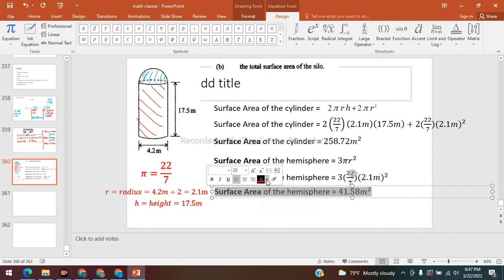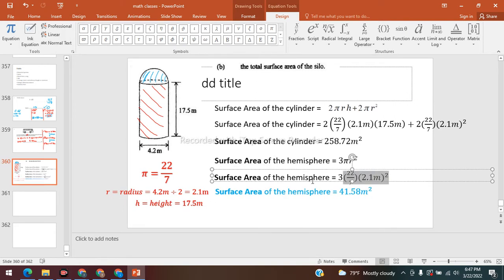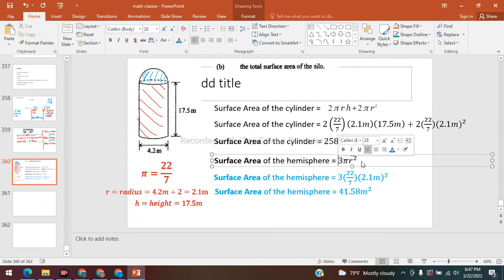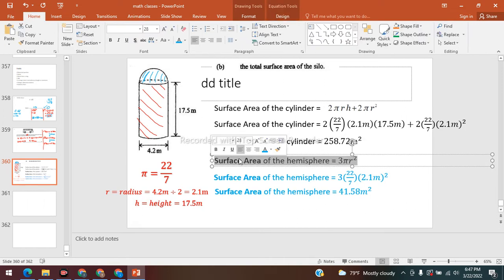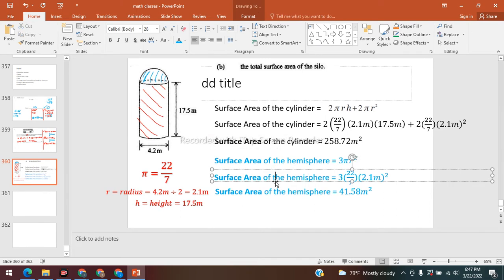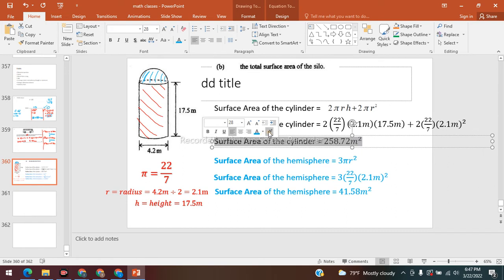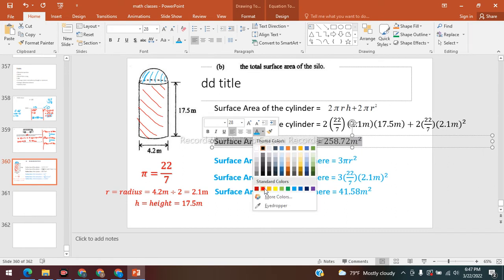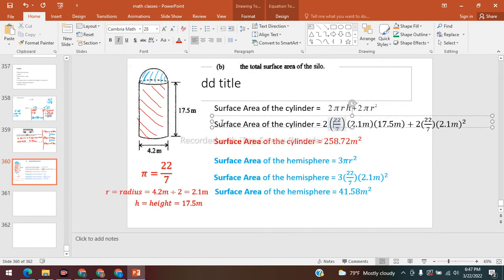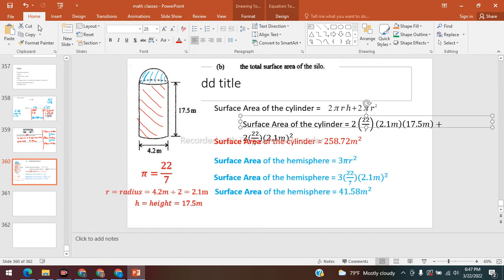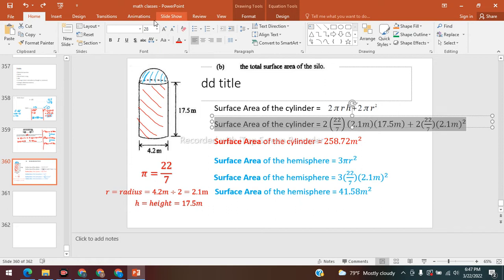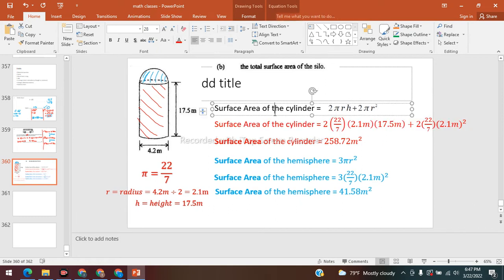So we know the surface area of the hemisphere, and we know the surface area of the cylinder. Seeing that we know both of them, what are we going to do to figure out the total surface area? Add them.